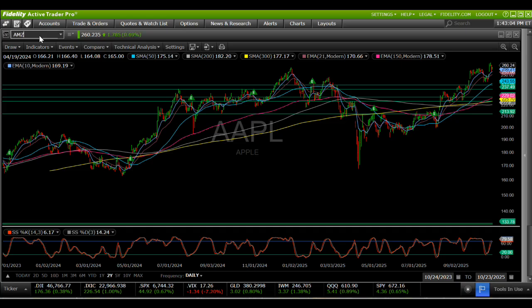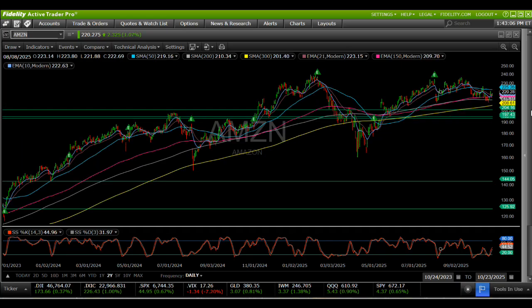Amazon, I think, was a good opportunity here. The pullback that we got, you were basically retesting this 215 level. It actually got down to 211.03 the other day. It's up to 220 today, but I think this area, this 211, is where I put my stop loss, just below 211.